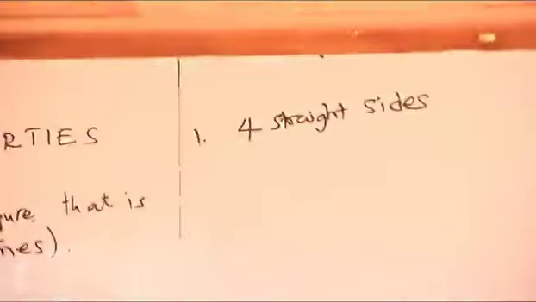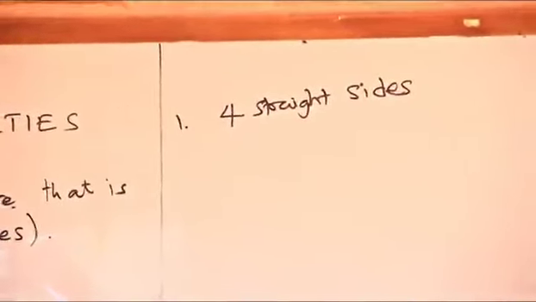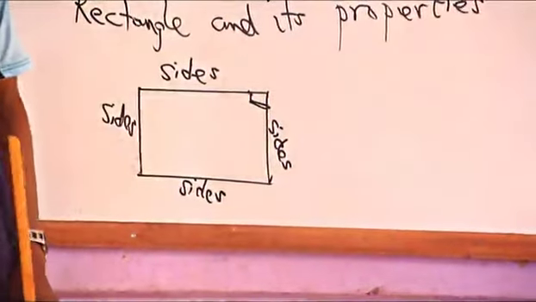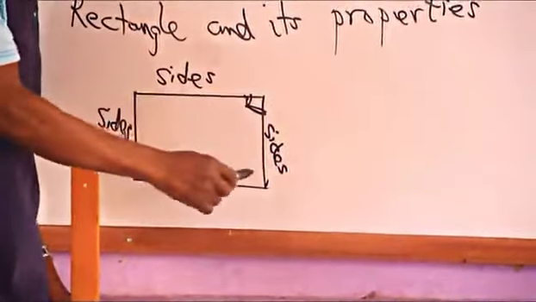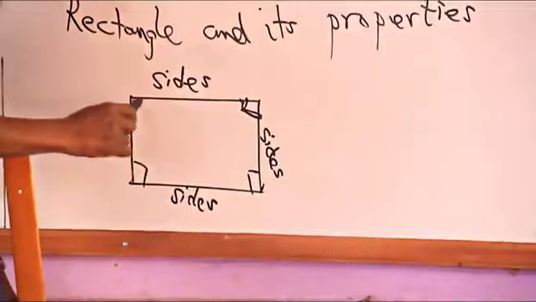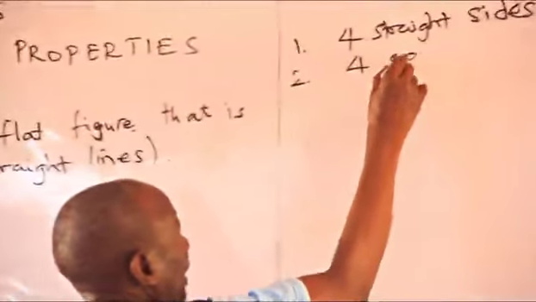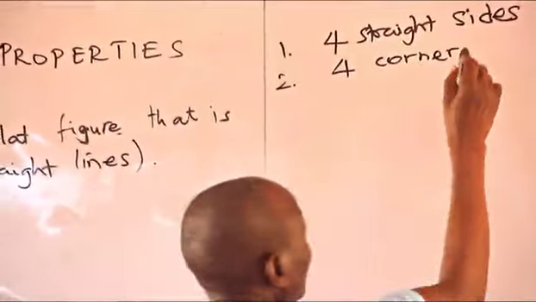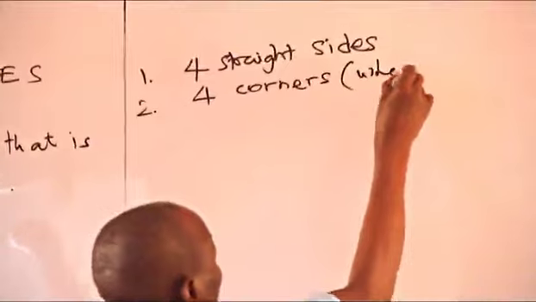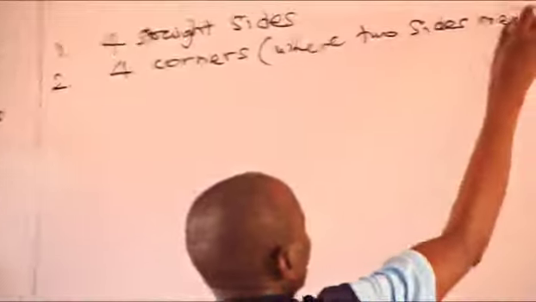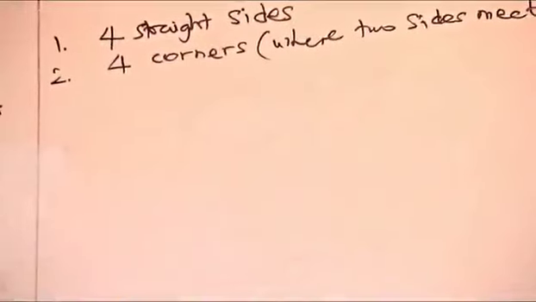If you pick 2 sides, the 2 sides that meet at the point here, you refer to as a corner. You have 1, 2, 3, 4. So it has 4 corners. That is the point where 2 sides meet.